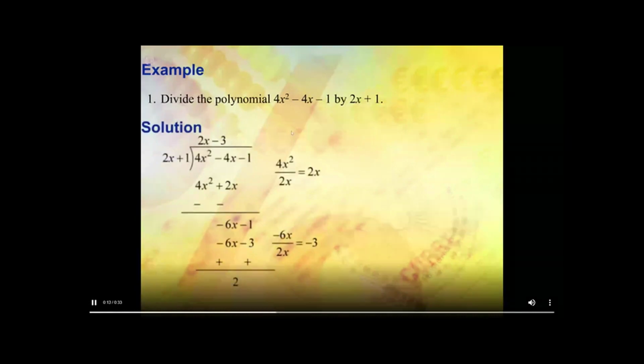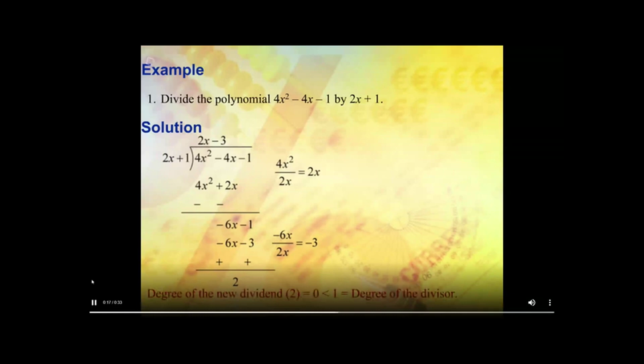Consider an example. Divide the polynomial 4x squared minus 4x minus 1 by 2x plus 1. Do you know how to divide? Yes, ma'am. The process of long division is shown.